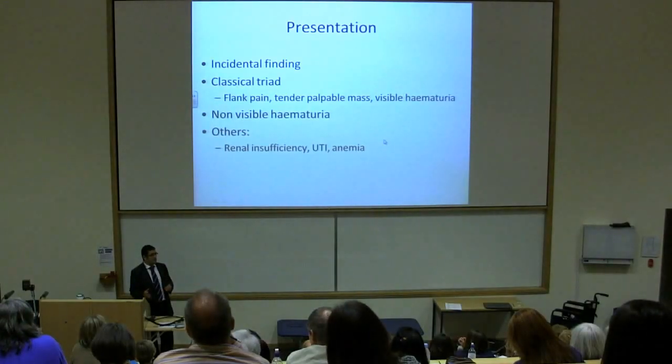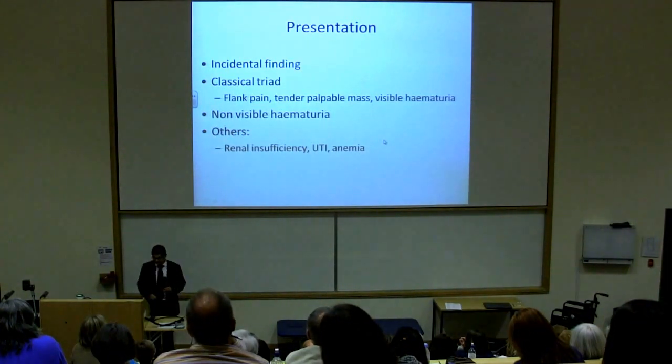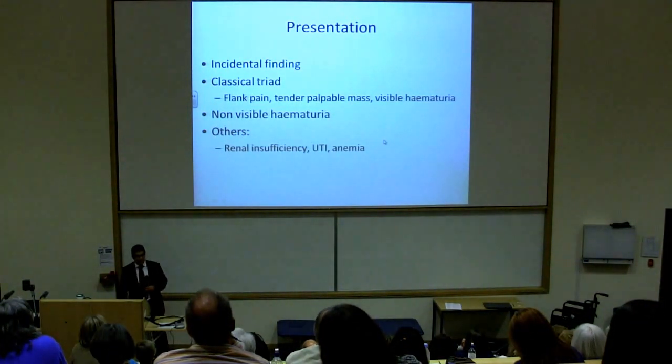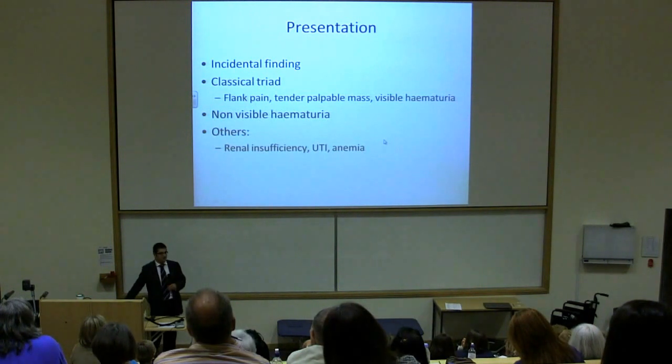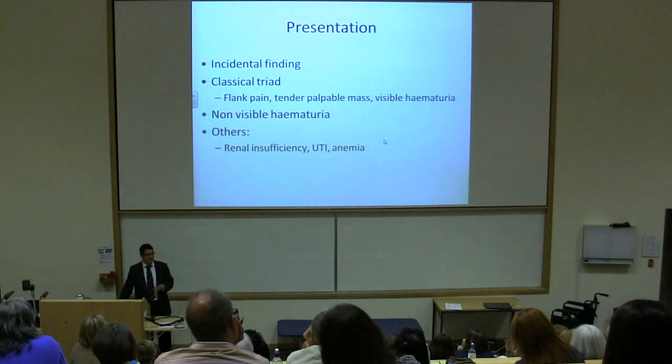And same again for UTI, urinary tract infections, or anemia, because it's got so big that you might be losing blood into it. Or the UTIs, it's causing a blockage to the drainage of the kidney, and so just like a static pool pond in your garden, you get bugs growing in it, and that's what the cause of a UTI is in this group.